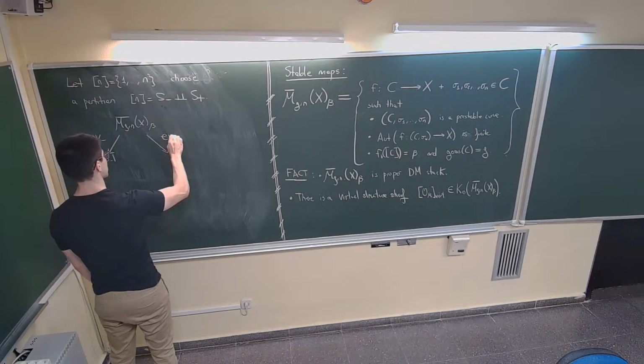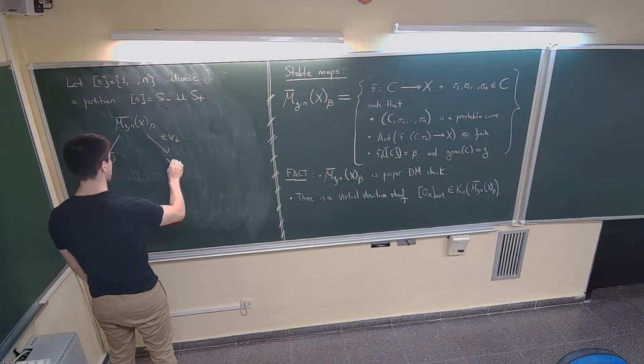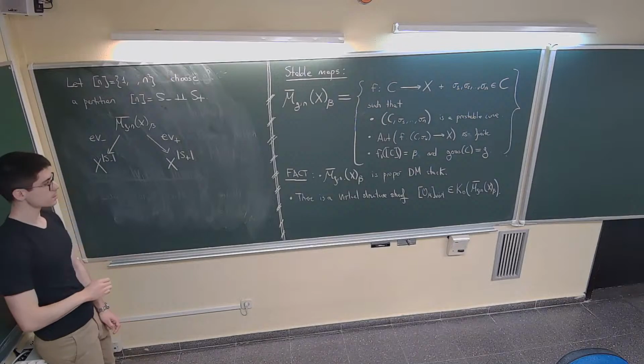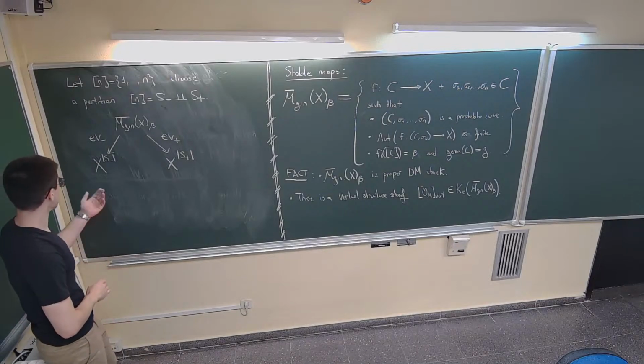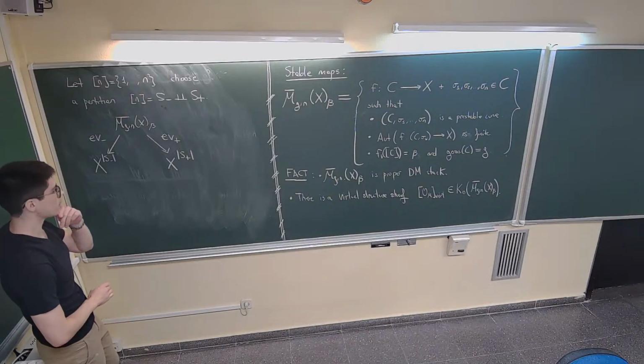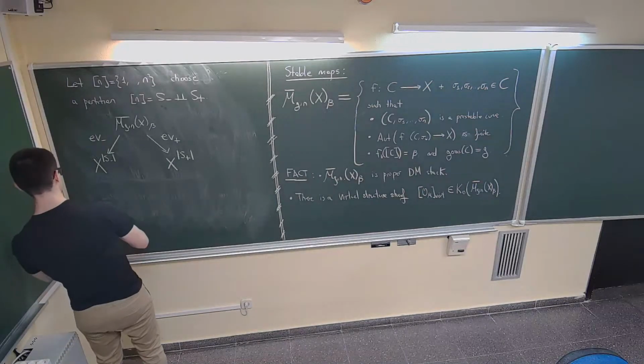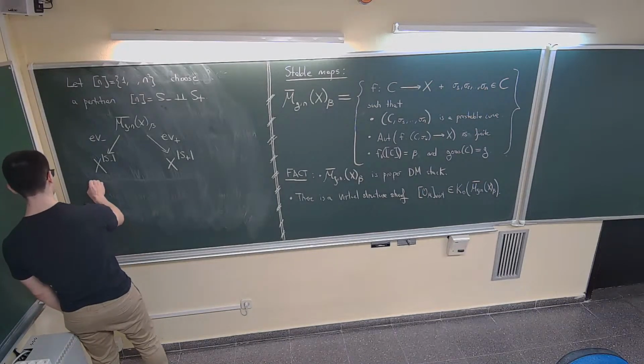And I'm also going to have the plus markings, which gives me cardinality of S plus many markings. Then what I can do here is get an operation using the properness on K-theory of X, by doing a Fourier-Mukai transform.